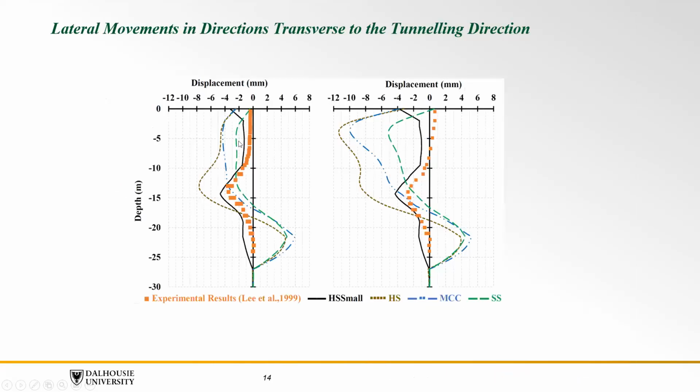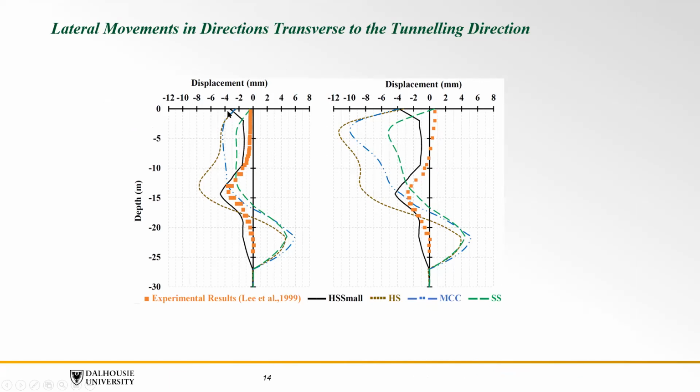Okay, same thing here for the lateral movement of the tunnel and the transfer direction. As we see again here, these orange squares represent the field case study, whereas the black ones represent the hardening soil model with small strain, and it was the only one that was able to mimic the lateral movement.